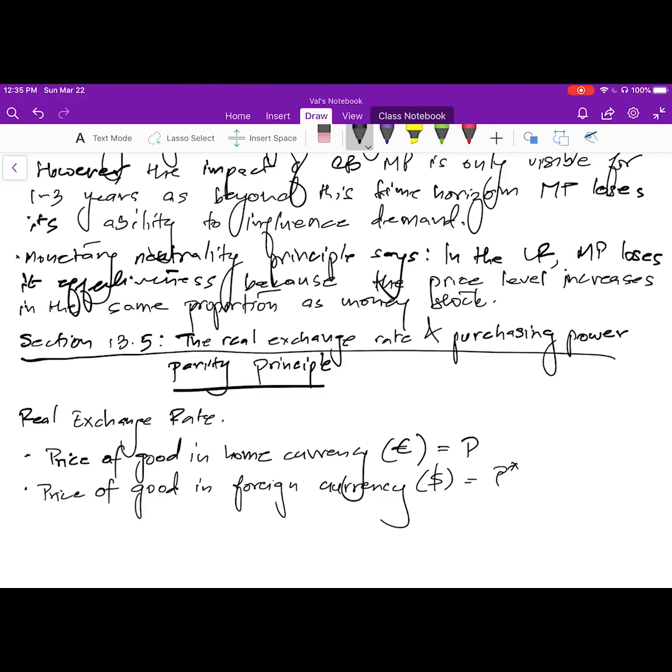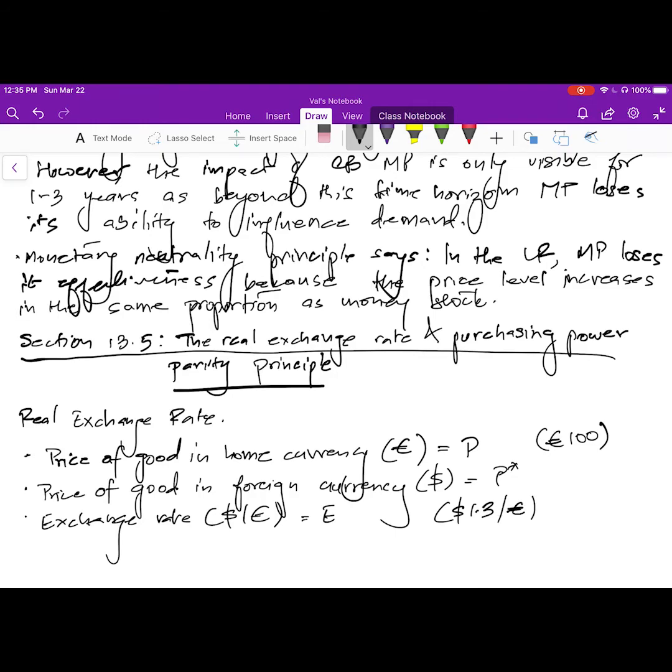And the exchange rate, which is dollars per euro, is equal to E. So for example, let's say the price of goods in home currency is 100 euros, and the exchange rate is you get $1.30 for each euro.